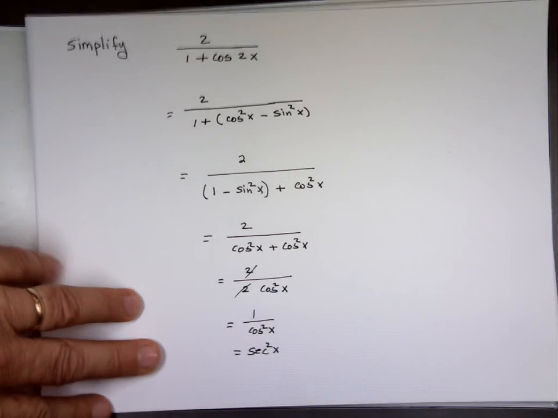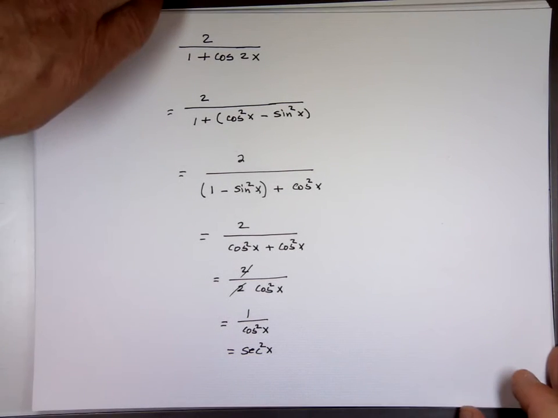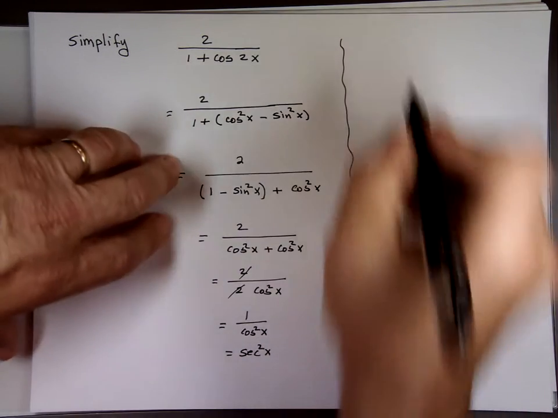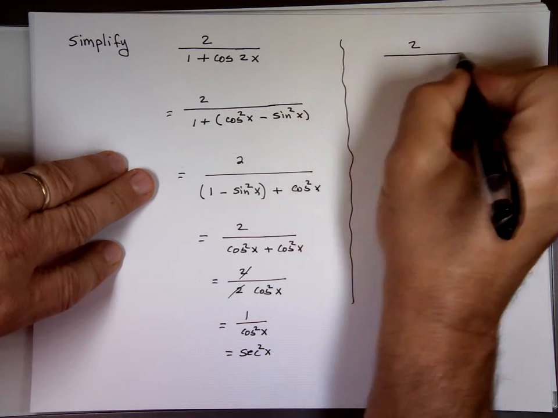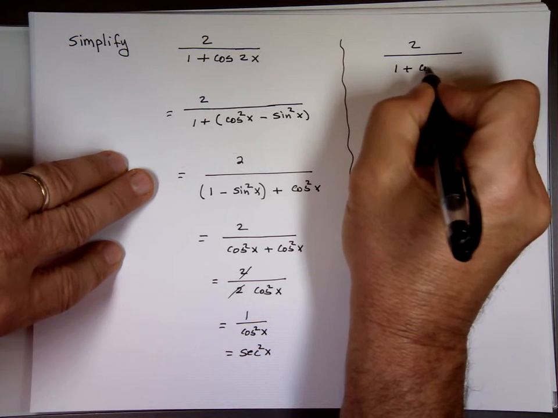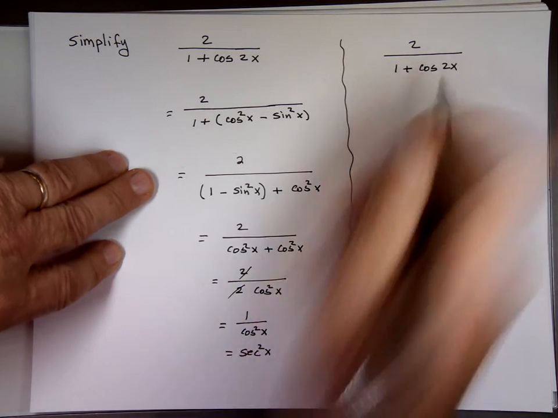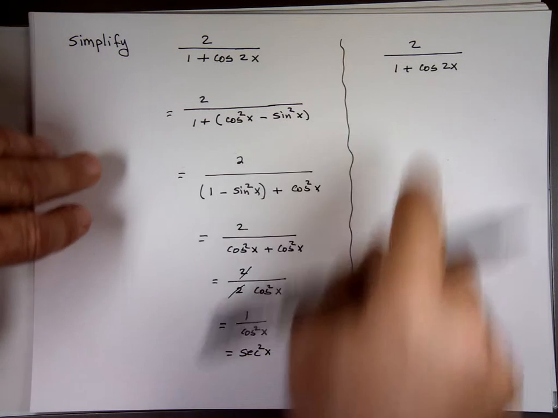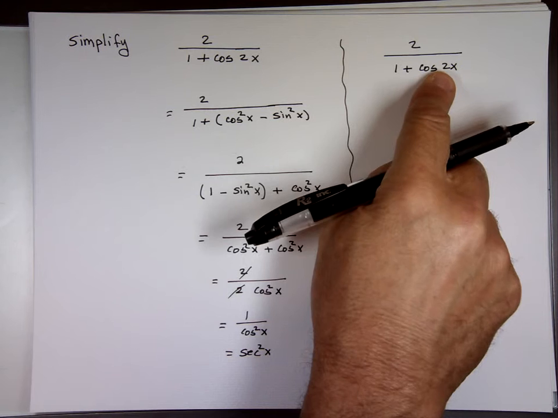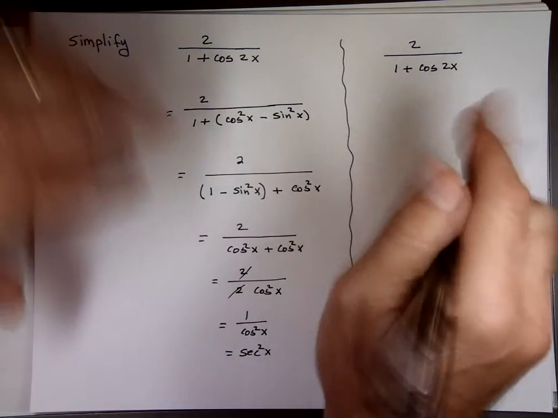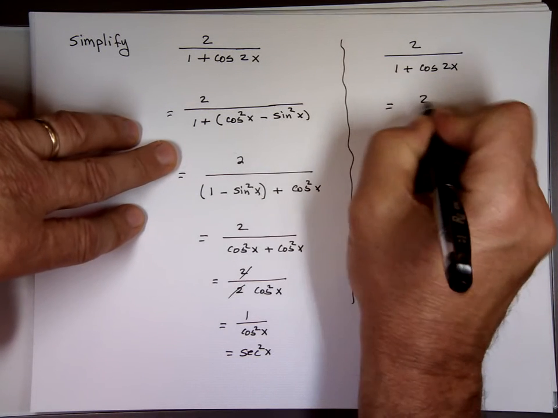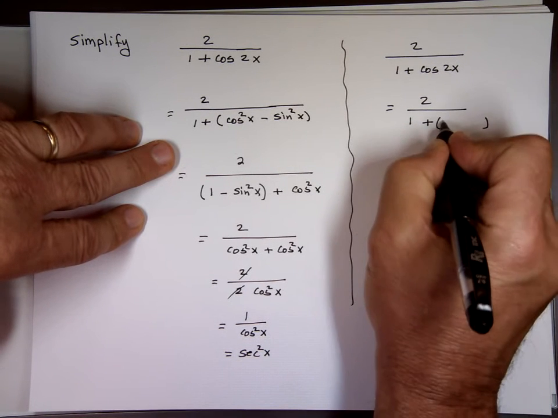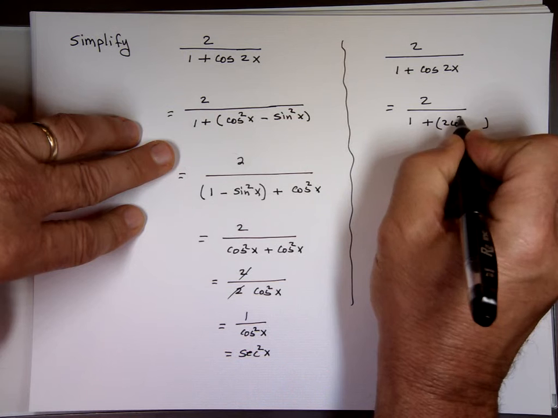I can tell you when I wrote this, my first reaction was not to do it this way. I'll do it again. My first reaction was cosine 2x. Instead, let me use 2 cosine squared minus 1. So in place of the cosine, I'm going to use 2 cosine squared x minus 1.